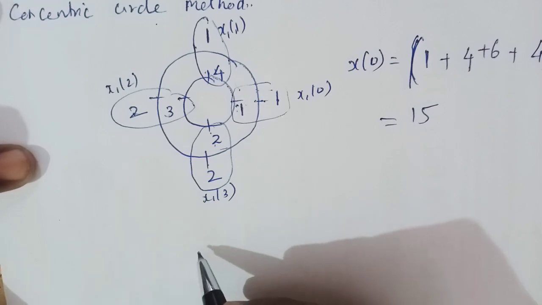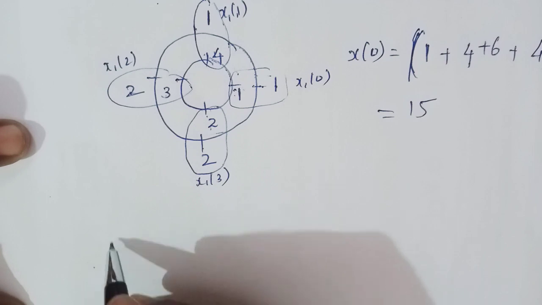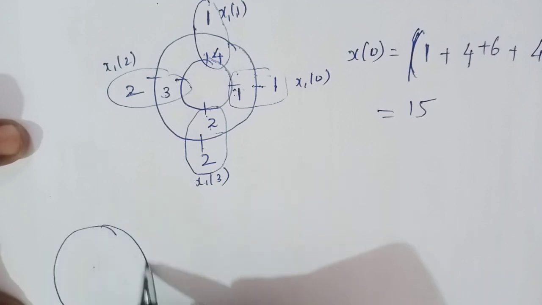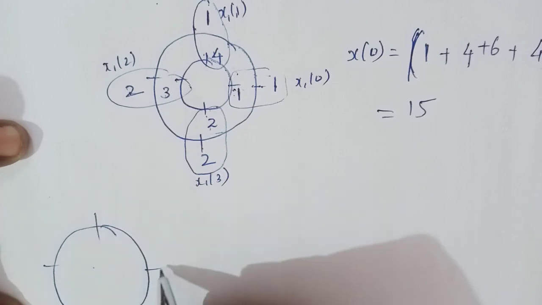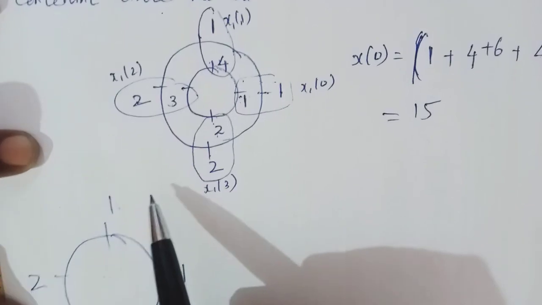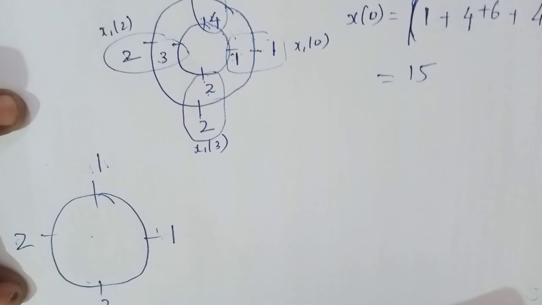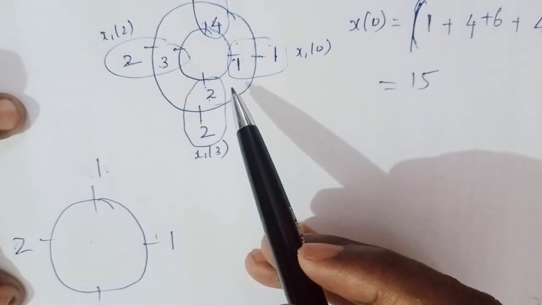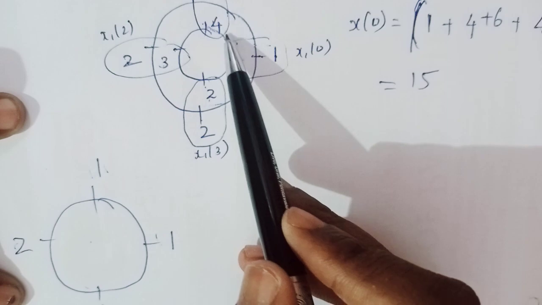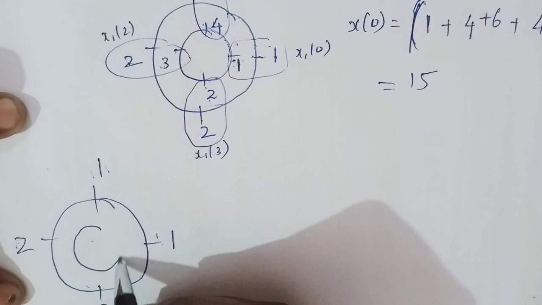Let me do the first shift. Let the outer circle be the same: 1 1 2 2, which is the input. Now I'm going to make a shift in the anti-clockwise direction on my inner circle.